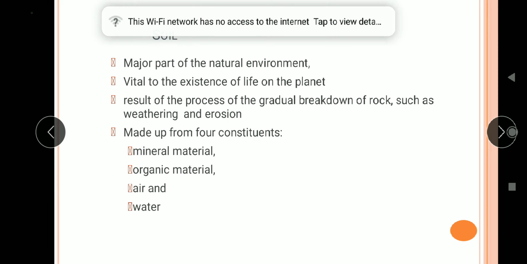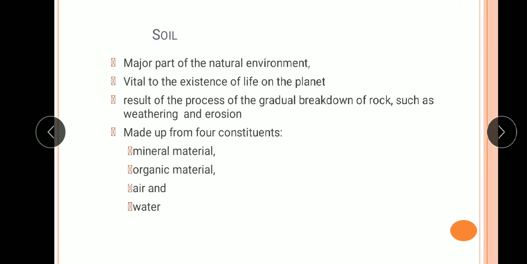Okay, what is soil? It is a major part of the natural environment. It is vital to the existence of life on the planet. It is the result of the processes of gradual breakdown of rock, such as weathering and erosion.